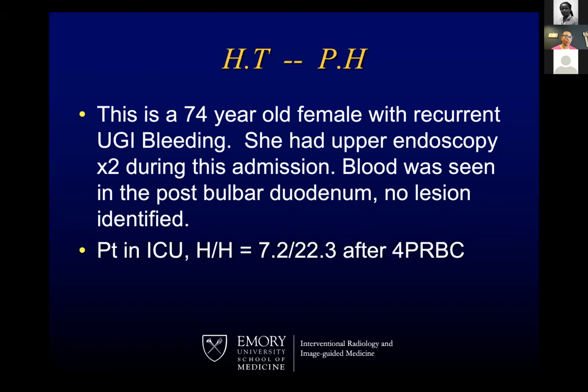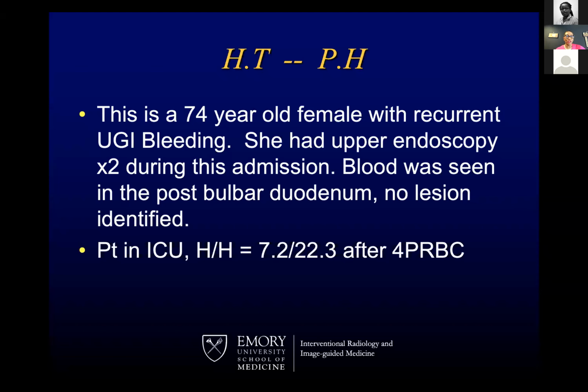Keep in mind, because that was one of my questions coming up later on, what is the main reason for upper GI bleed? And what is the main reason for lower GI bleed? You can put that in the chat. But this particular patient came in with hematemesis, had endoscopy twice during this admission, and they were found to have blood seen in the post-bulbar duodenum.